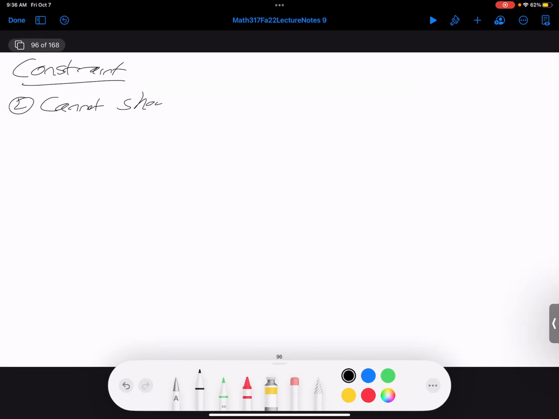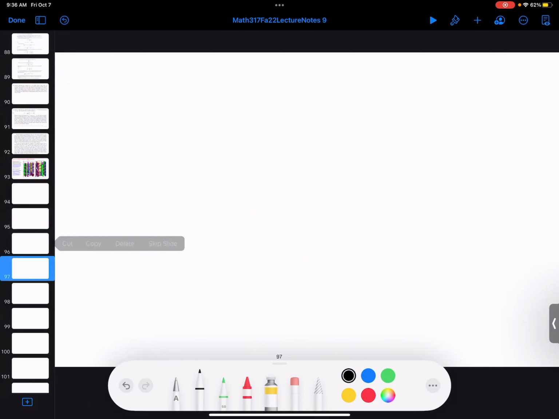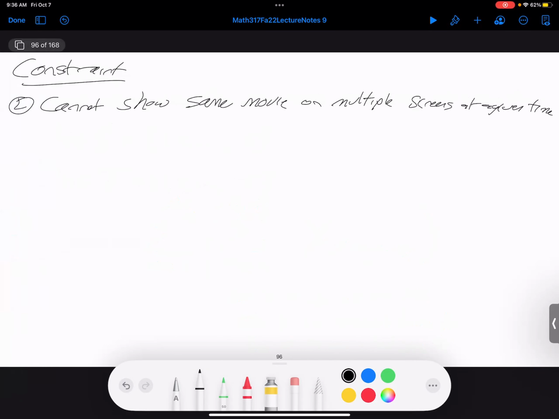So we cannot show the same movie on multiple screens at a given time. Okay, so now what's the for all? Before we had for all screens and for all time, and then we summed over movies. Now what do we have? We cannot show the same movie on multiple screens at a given time.